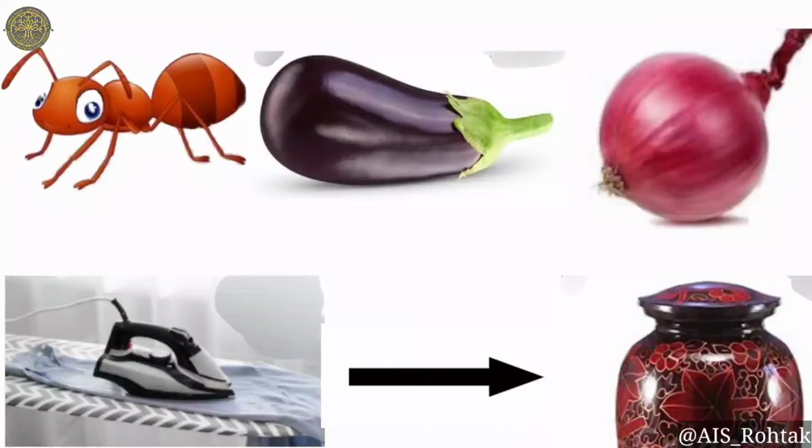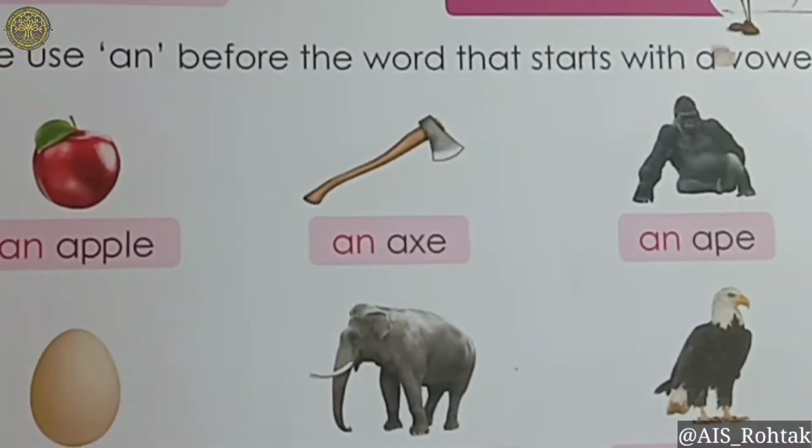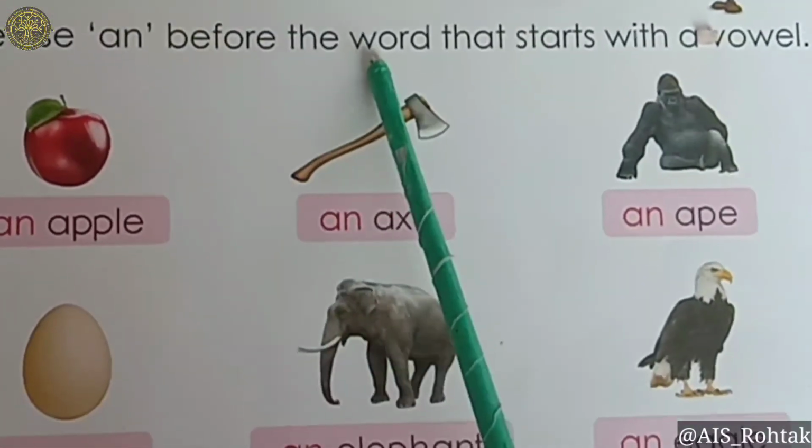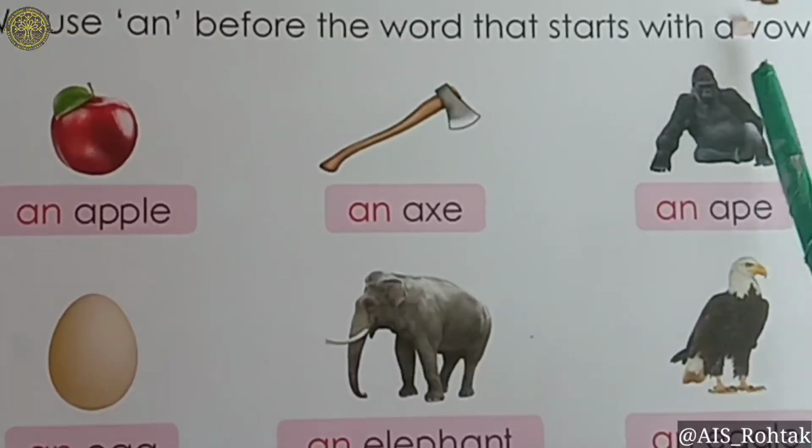So dear students, here we have seen these pictures and their names begin with a vowel. That's why we have used an before their names. Dear students, we use an before the word that starts with a vowel.